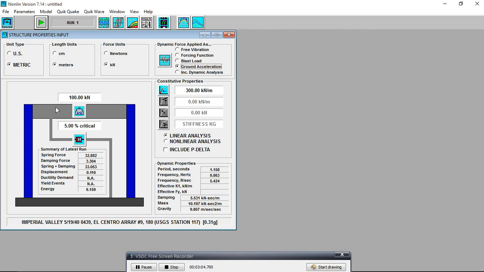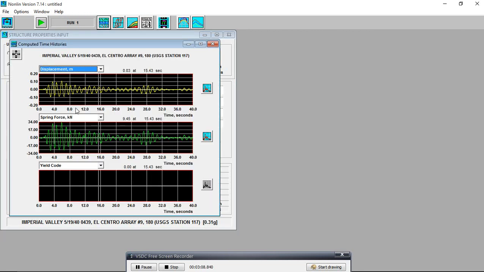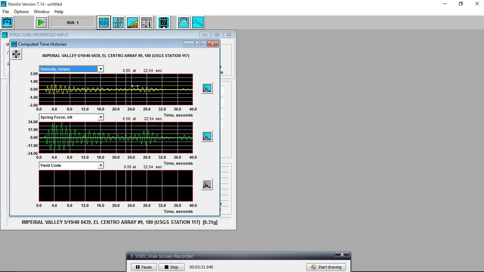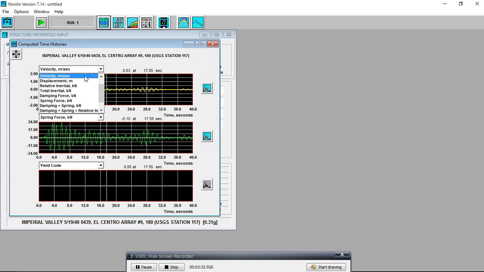If you want to see the response of the structure, just click here, time history plot. Then you will get the displacement of the single degree of freedom in meters. This is the time history displacement. And total acceleration, we will get the total acceleration. If suppose velocity, then we will get the velocity also.